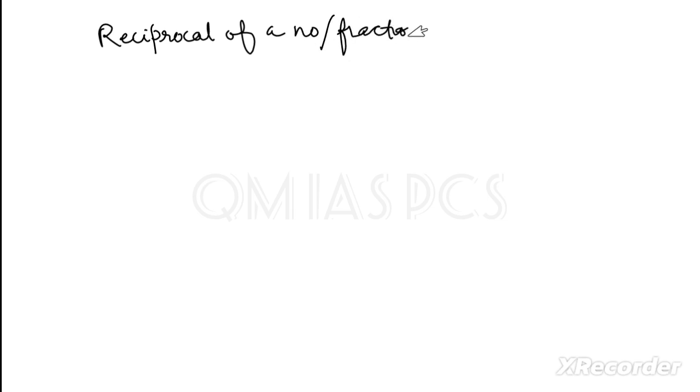Before discussing multiplication and division, there is one small topic: what is the reciprocal of a number, or you can say a fraction. What is the reciprocal? Simply, if there is a number 2, we have to write the reciprocal of 2.